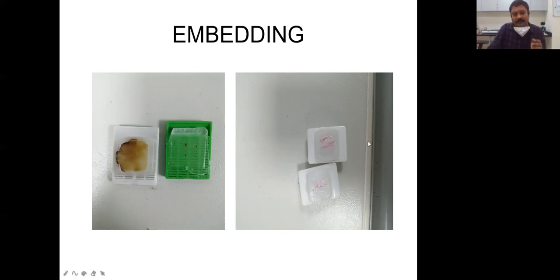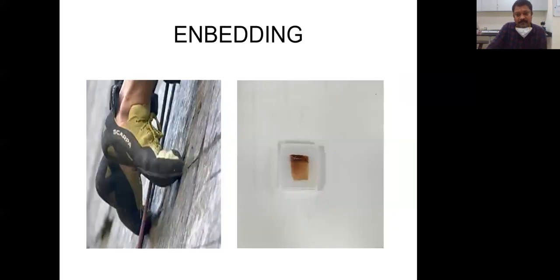So you can observe this tissue has been exposed well and this tissue is very deeply inside the wax. While taking the section this may be depleted and this may remain, or else this is only exposed, and this may not be having the tumor cells. So again there are chances of misdiagnosis.